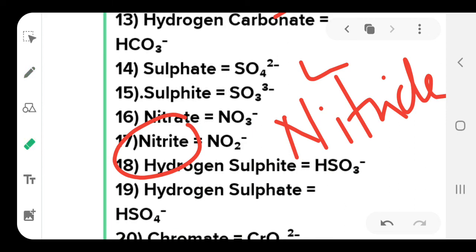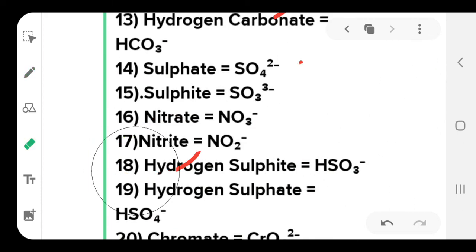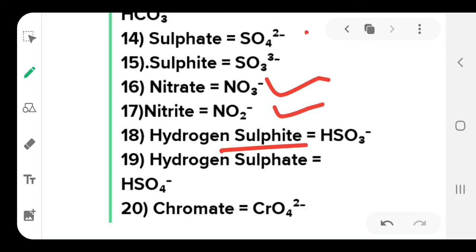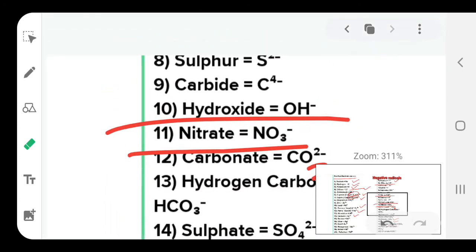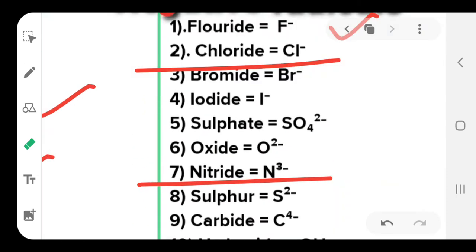So in case of nitride, then nitrate, and now nitrite. Then we have hydrogen sulfite. When it is sulfite, it is SO3. When it is sulfate, it is SO4. And then last is chromate, CrO4 2-. So this is the table for negative radicals, okay?